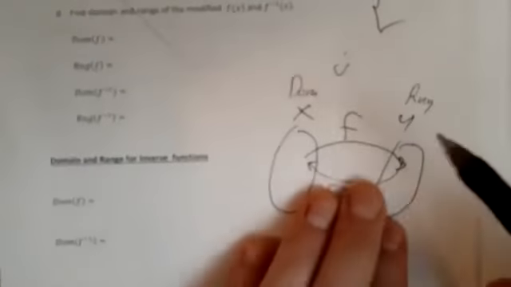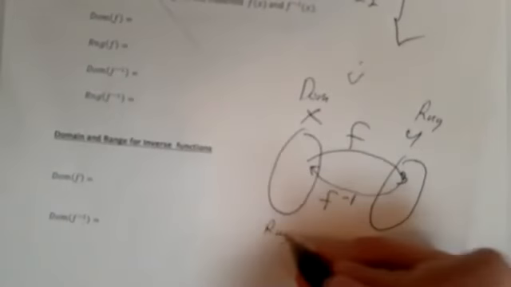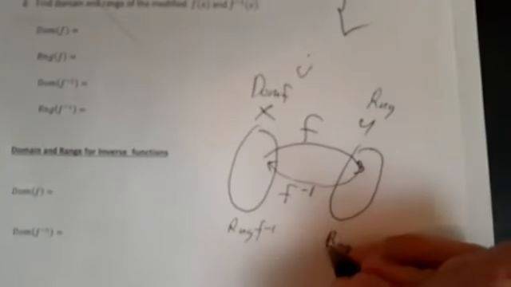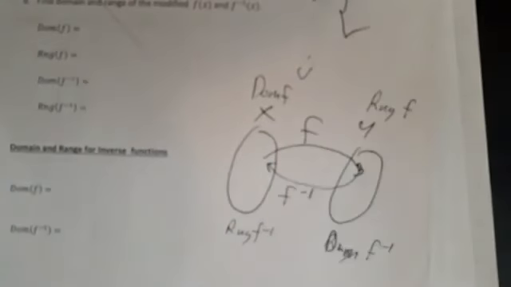So if we think about the original, our domain of f is going to be the same thing as our range of f inverse. Does this make sense, hopefully? And this would be our domain for f inverse.